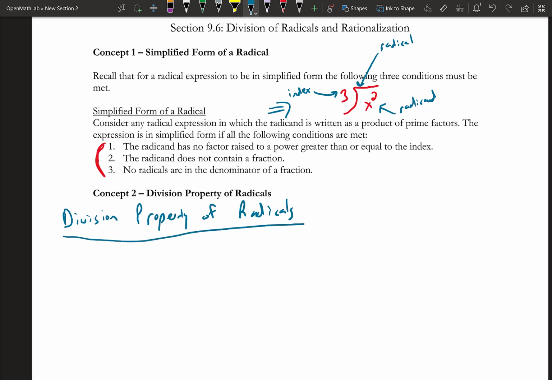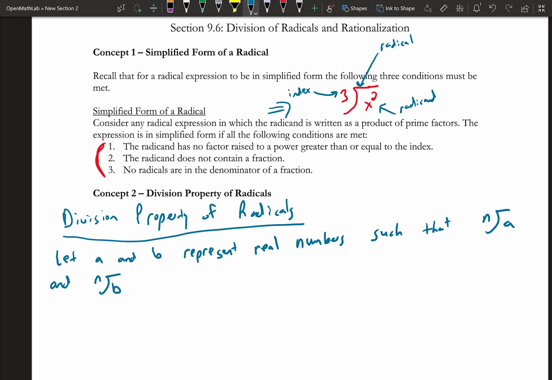So if we let A and B represent real numbers, such that the nth root of A and the nth root of B are both real, then the following is true.